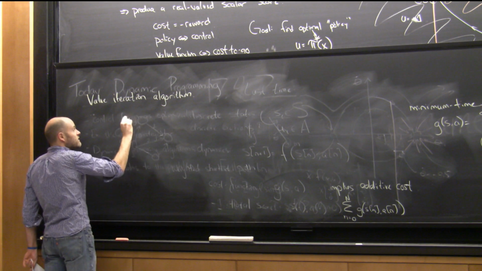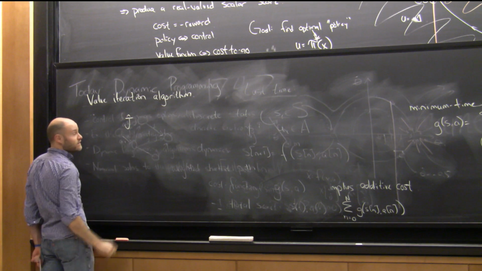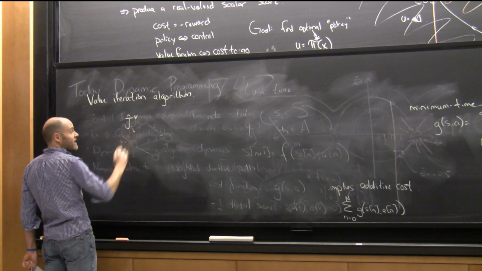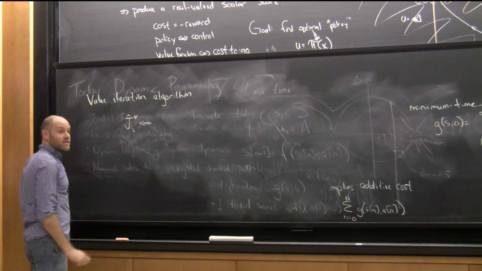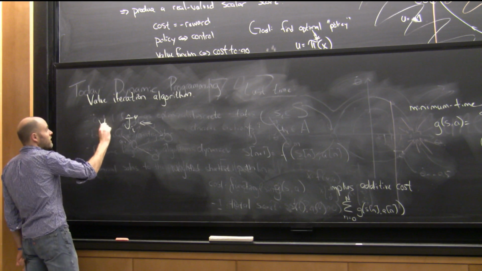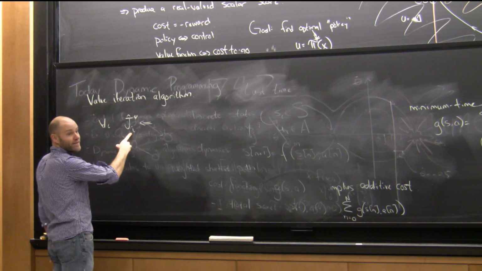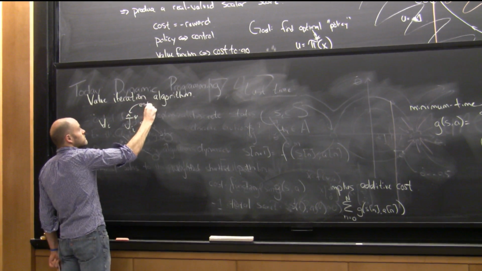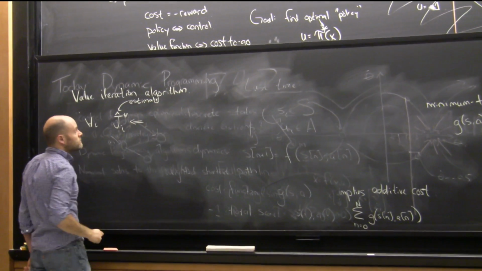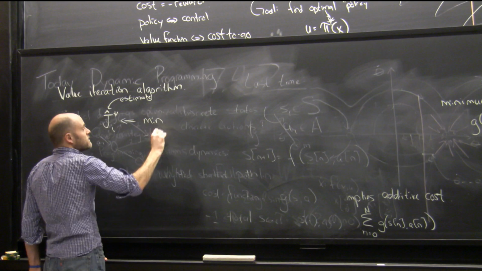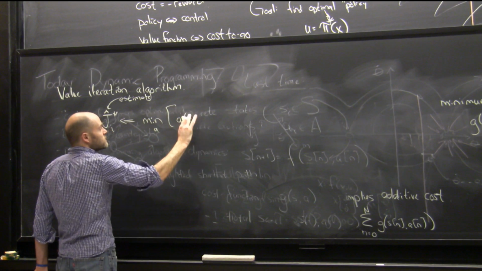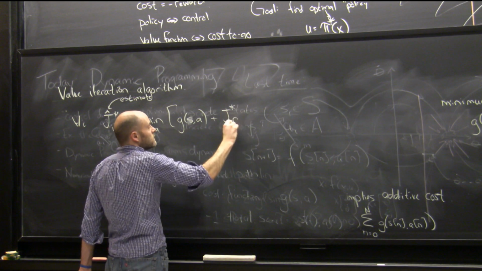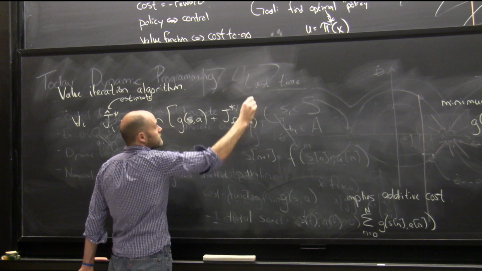So now I really say I have some estimate J hat of the optimal cost to go. It's a vector. It has an ith element. And in my updates, I'm going to run through and say for all i, write into this new value J hat, I always use that for estimate, the min over A of G(S, A) plus J hat of f(S, A), like this.